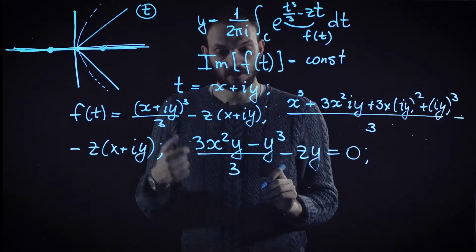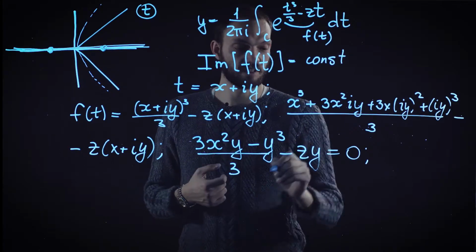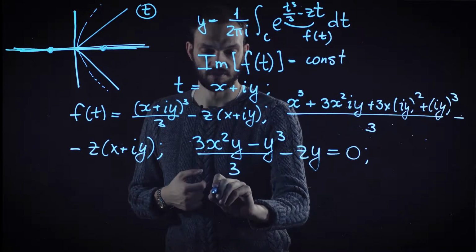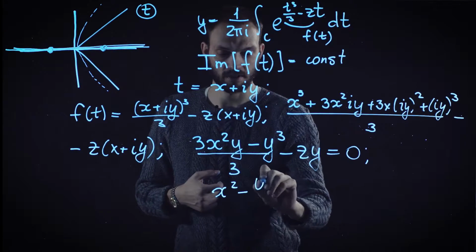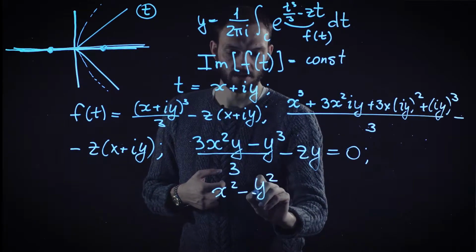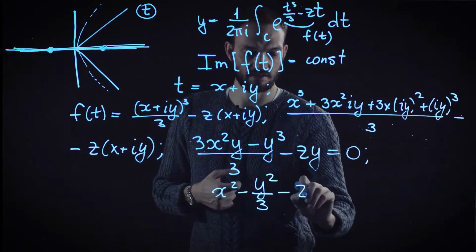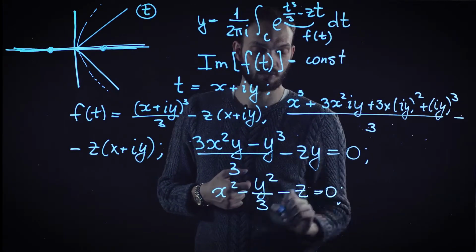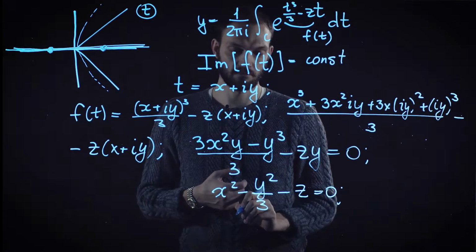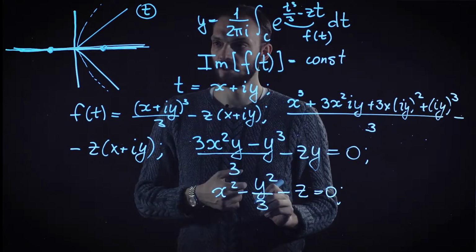So let us look for other solutions, and in order to find them, we will just cancel out this y, so that the equation becomes x squared minus y squared over 3 minus z equal to 0. And this one can be easily solved for anything you wish, say, for x.